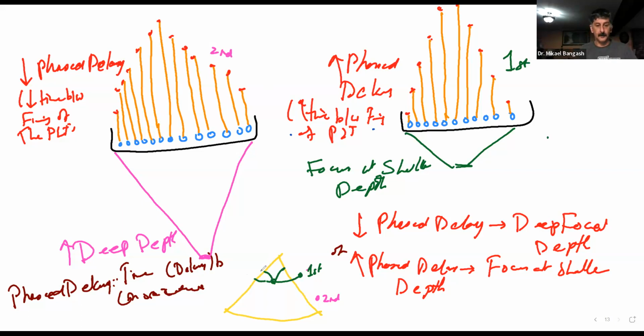Because our aim is to cause the beams to get to the narrowest point of this depth here, which means that will be the depth at which the beam will be focused. If that makes sense.